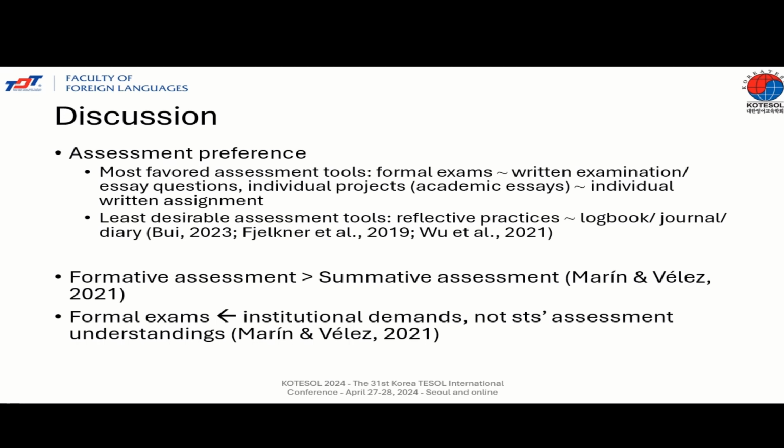This is in alignment with Marin and Village 2021. One of the preferred assessment tools by the students is a formal exam, and this one was under the influence of institutional demands because, for example, at the university, the research site where I conducted my study, the formal exam accounted for up to 50% of the student's final course grade.